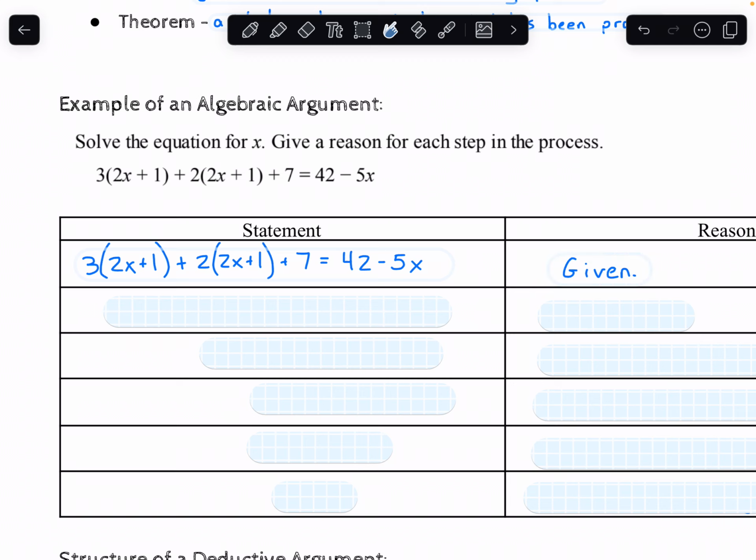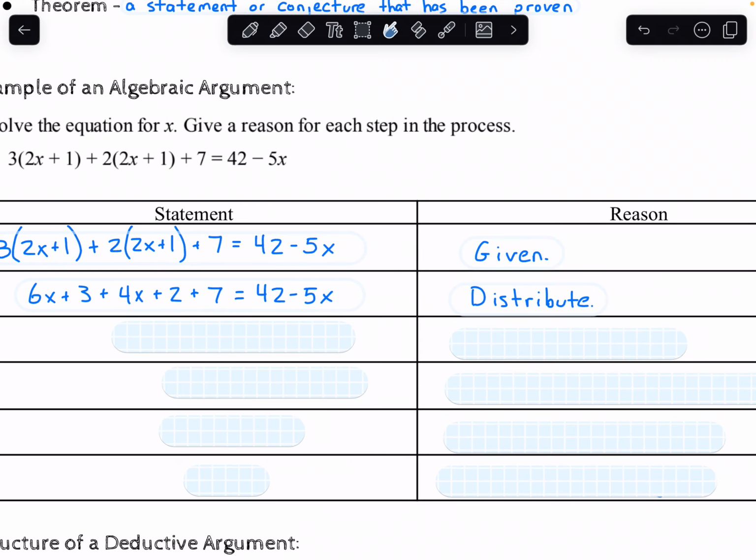My next step, I can turn this 3 times the quantity 2x plus 1 into 6x plus 3 and so on by using distribution. So the reason I know this next line is true is I've used the distributive property, or you could put it in verb form, to distribute there.